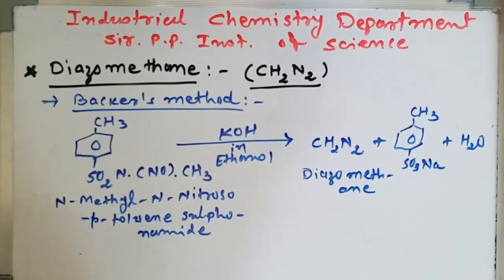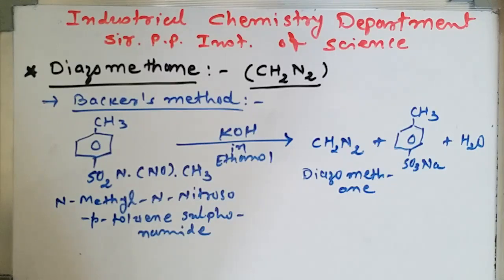In this method, N-methyl N-nitroso paratoluene sulfonamide is not directly available, so it is prepared by a different method. Paratoluene sulfonyl chloride is treated with methylamine, or aminomethane, and further hydrolyzed, gives N-methyl paratoluene sulfonamide.